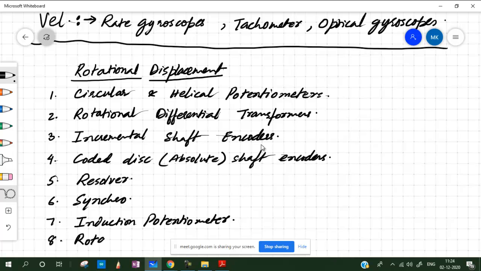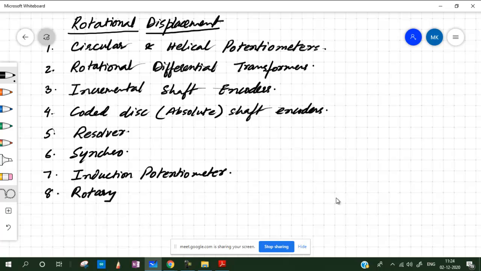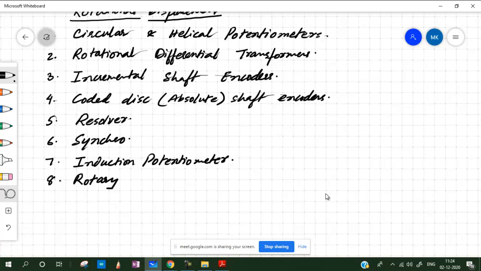These are based on the principle of the inductor. I don't want to discuss it, but just as you have the LVDT, you also have LVITs, linearly variable induction transformers. You can check it out yourself if you're interested. And then we have the gyroscopes.